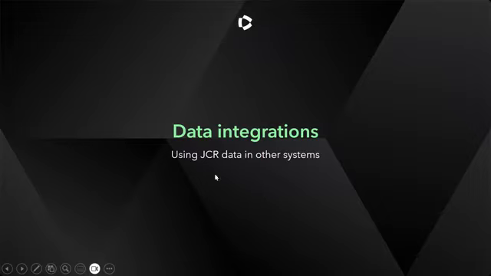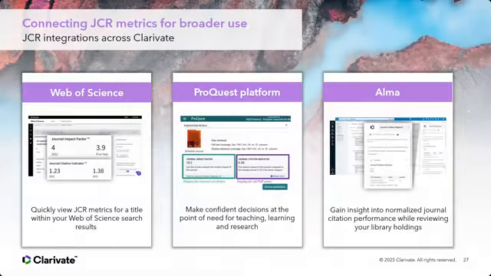Okay. Before I go into the live demonstration on how to make use of JCR and some of the important metrics to consider to find the best fit journal for your manuscript, if you are keen to export data in bulk, or if you want to see the JCR metrics in some of our other solutions, we do have those integrations within things like Web of Science, ProQuest platforms, and Alma.